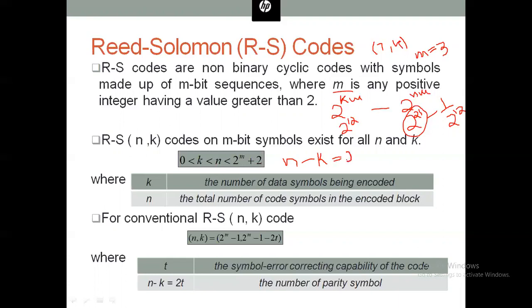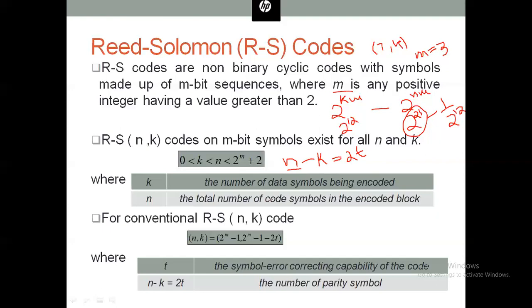And we learned in the linear codes that t is the error correcting capability of the code. So we have 2t more symbols in n to correct the symbol errors. T symbols are used to detect the errors, and t symbols are used to correct the errors.